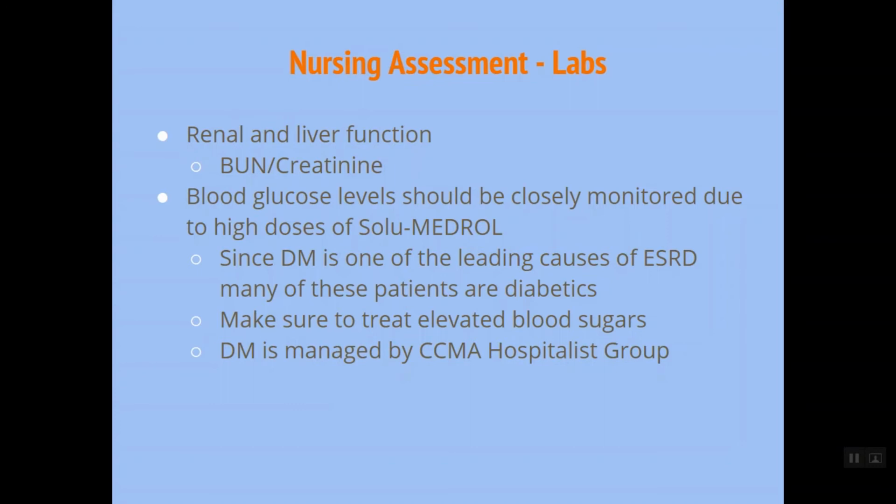You want to make sure that you're treating elevated blood sugars, so at minimum you should be getting blood sugars every 6 hours. Diabetes is going to be managed by a hospitalist, and so if the patient is diabetic and you do not see that a hospitalist is following them, refer to your nephrologist to determine who that's going to be.